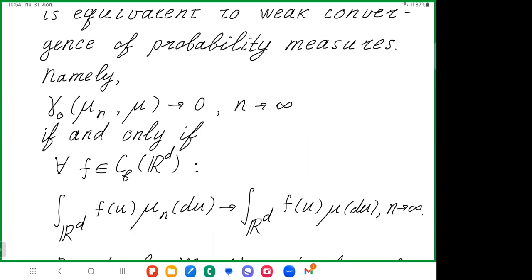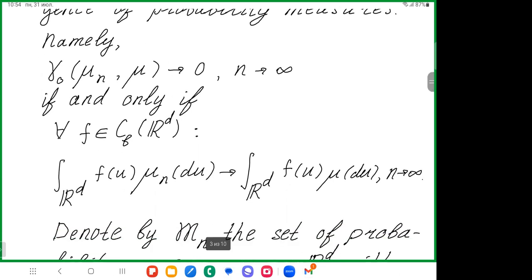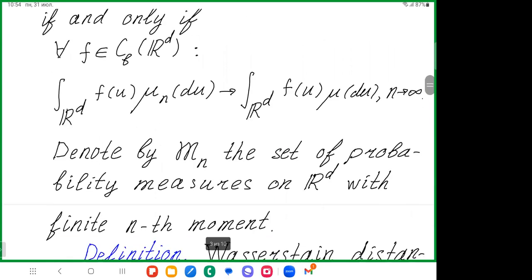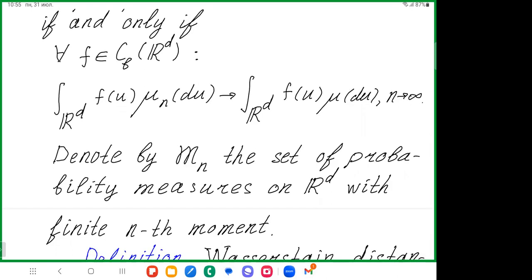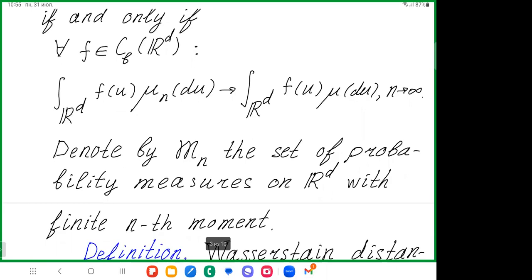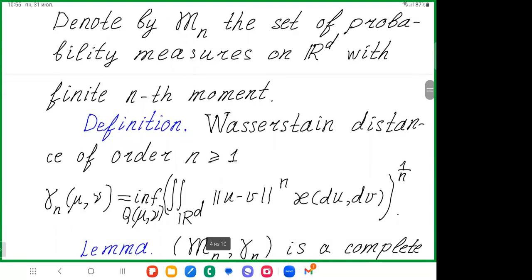So it is more preferable to work with moments of the distribution. In this way, we have Wasserstein distances of different orders, related to the case when the measures have some moment. Denote by M_n the set of probability measures on R^d which have a finite nth moment of the norm.